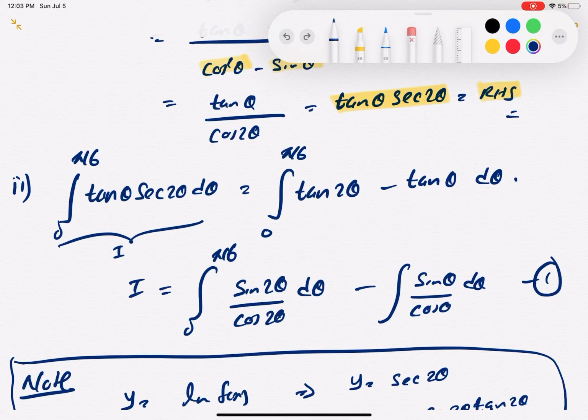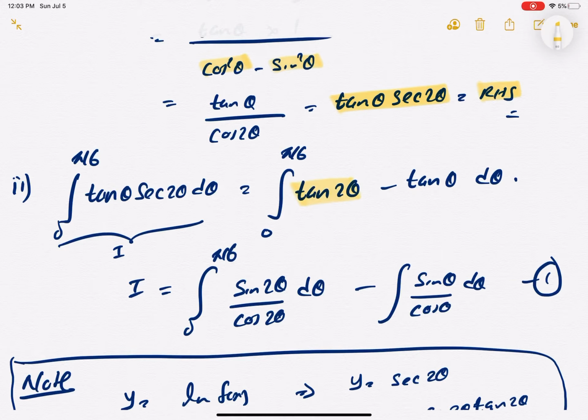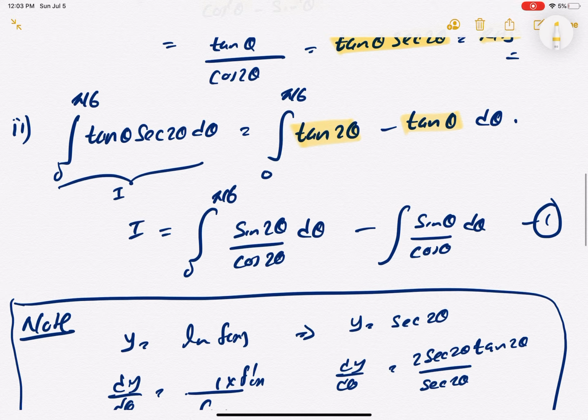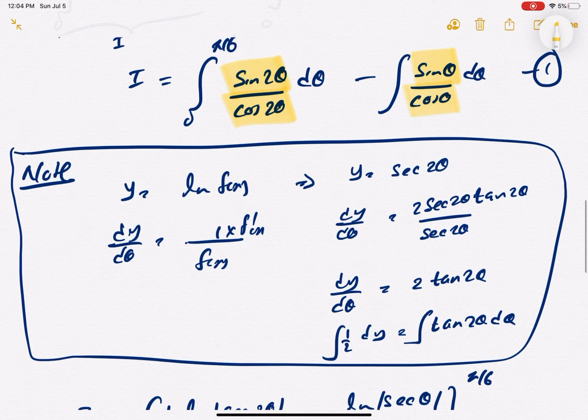minus tan theta. And now if you look, tan 2 theta and tan theta are actually sin 2 theta over cos 2 theta, and sin theta over cos theta. Now I would like to recall a theory behind this, because some of you might not be familiar with the integral method I'm using here. It's called the standard integral patterns.